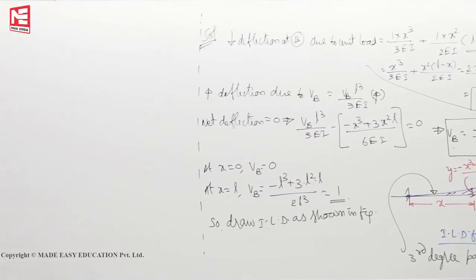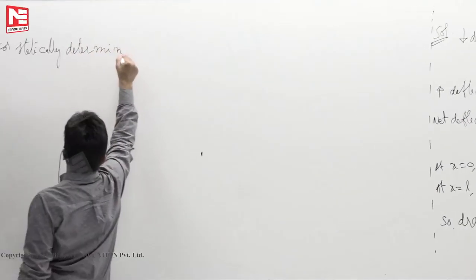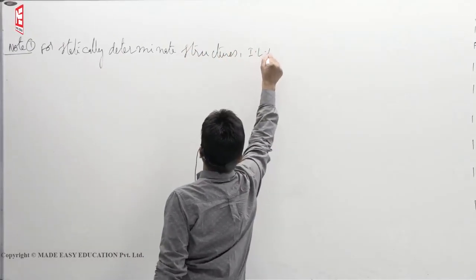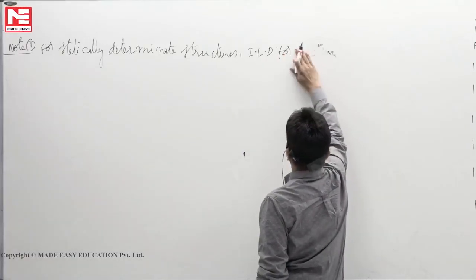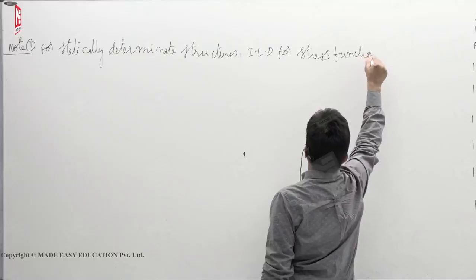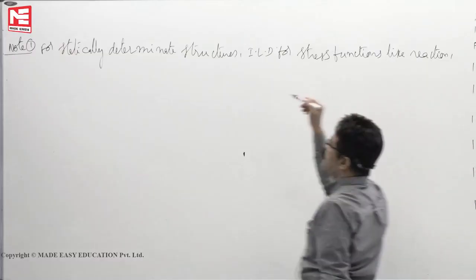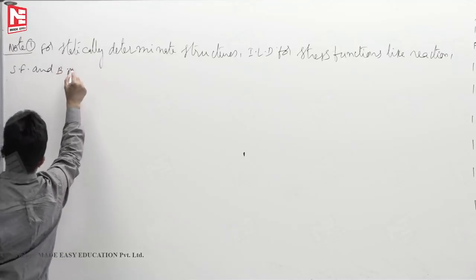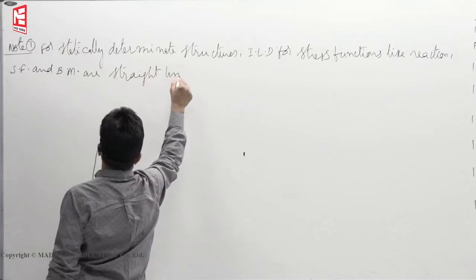For statically determinate structures, the influence line diagram for reaction, for stress functions you can say, stress functions like reaction, shear force, and bending moment are straight lines.